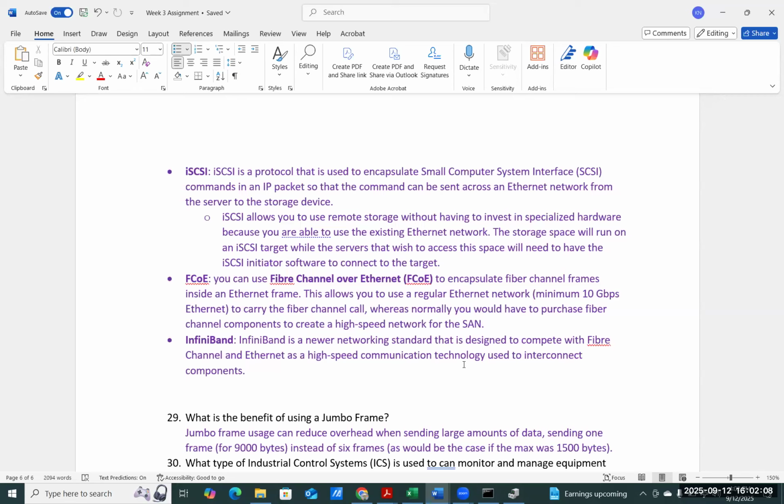Because not all parts of your network are fiber. Most of your network is Ethernet, right? And so when it goes from fiber to Ethernet, you need to have this. And then InfiniBand is a newer standard that would be integrated with fiber channel and Ethernet. This is just a way that we can also connect high-speed communication systems and interconnect them.